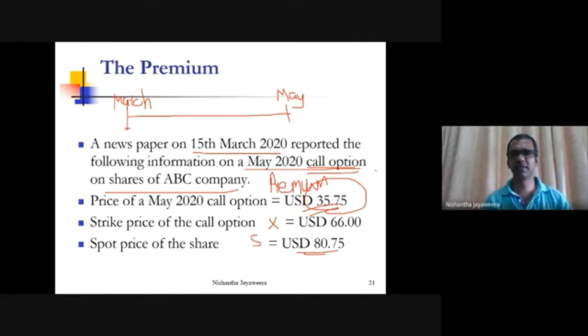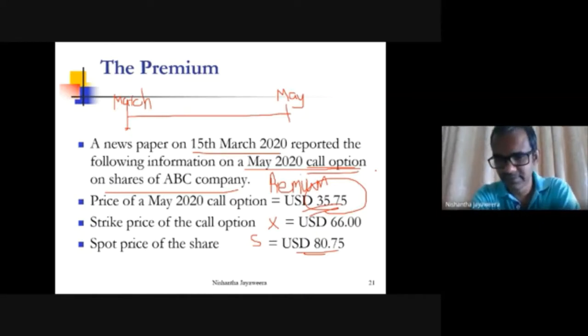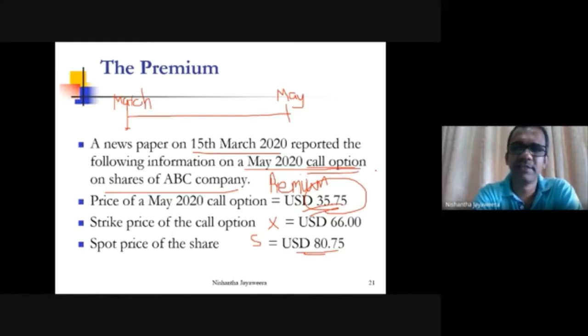It's in the money. Why? Because the spot price is higher than the strike price. The spot price is higher than the strike price. You have a positive intrinsic value. So it is in the money. What is the intrinsic value?